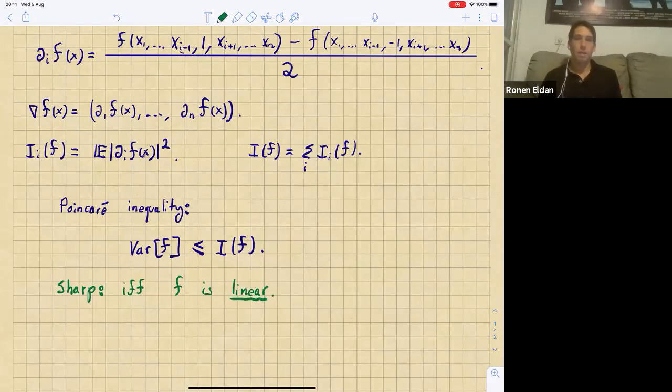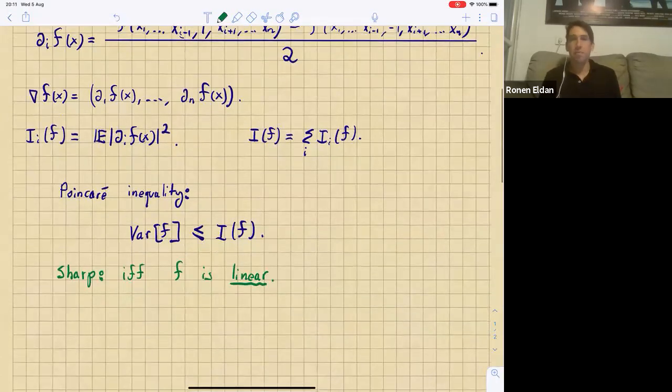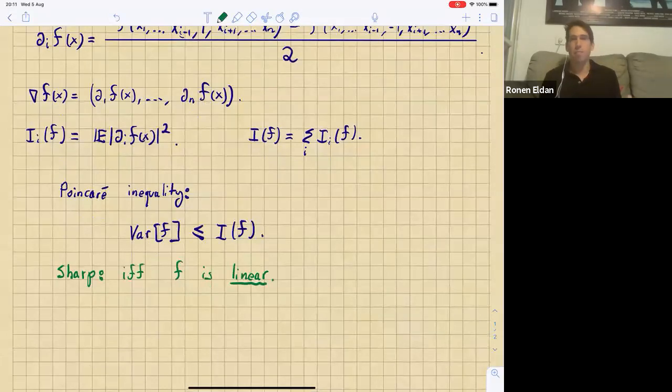And when f takes the values -1, 1, f is linear if and only if f is a dictator, meaning f of x is just x_i for some i.